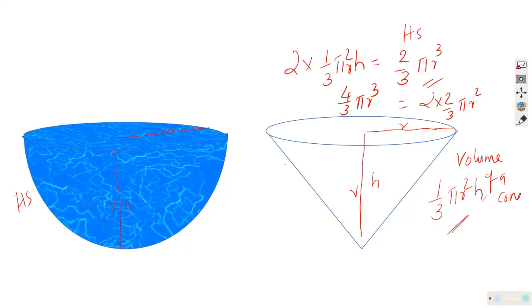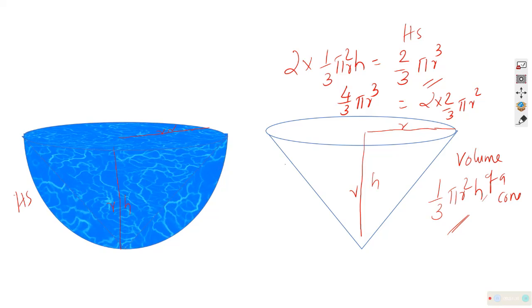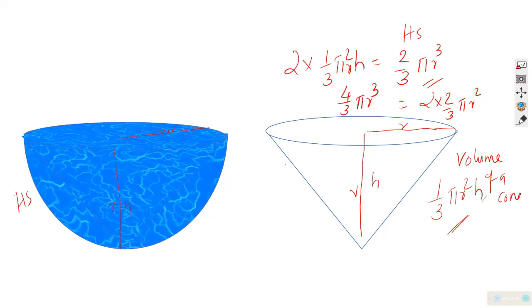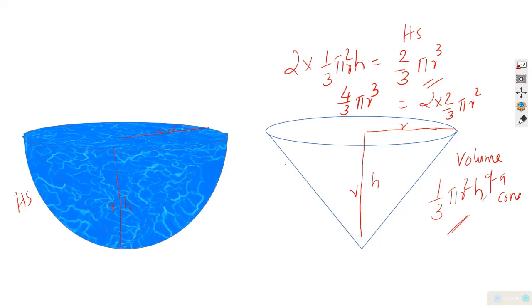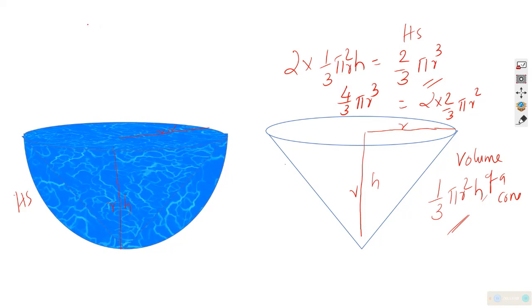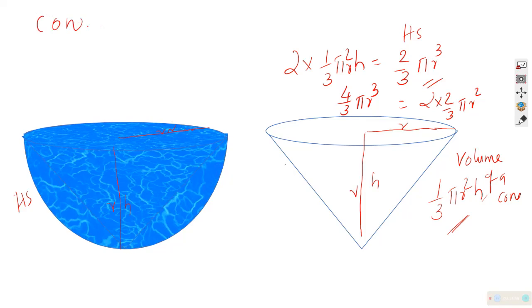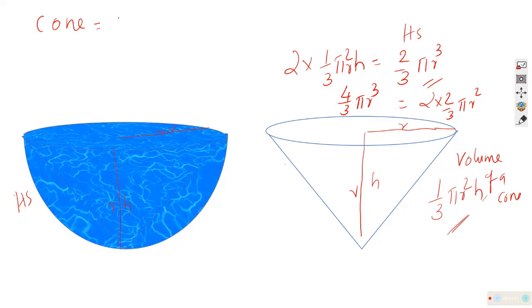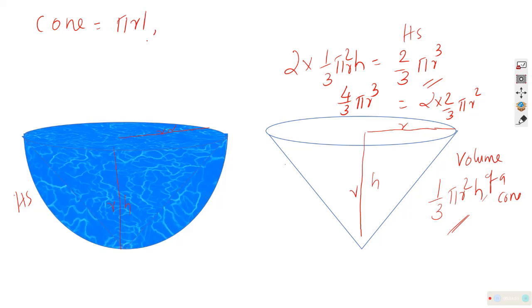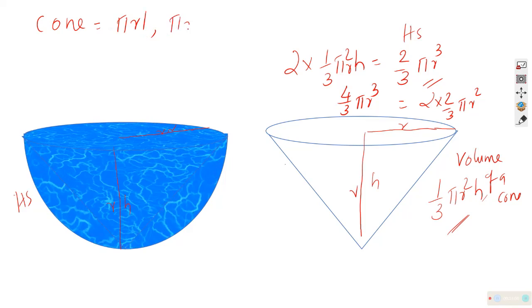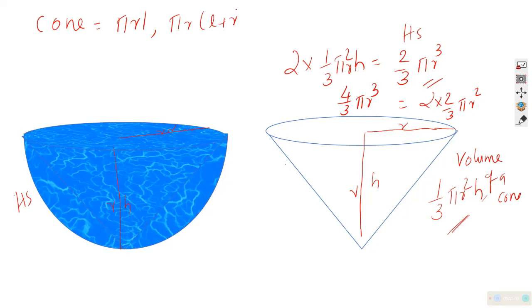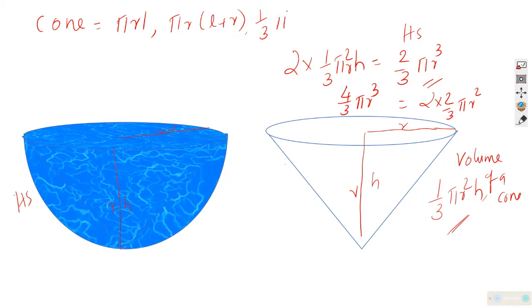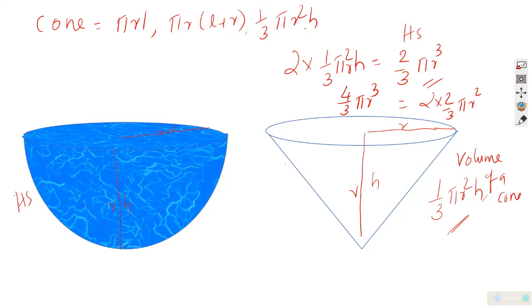So slowly and steadily we reach the basics of surface area and volume of different figures, especially about cone. You studied the surface area of cone, curved surface area, in that case pi rl, and total surface area pi r into l plus r, and you also studied that 1 upon 3 pi r square h is its volume.